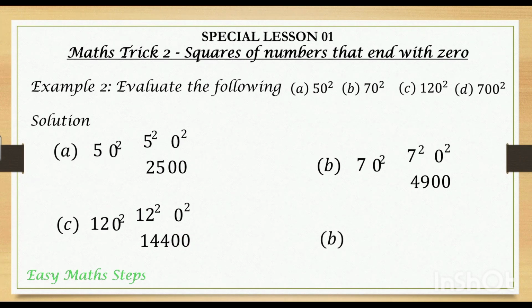Finally, let's take our last one. That's 700. In this case, the non-zero digit is 1 and the 0 is 2 in number. So still separate it into non-zero digit and 0 digit. So the non-zero digit in this case is 7. So if you square the 7, what do you have? 49.